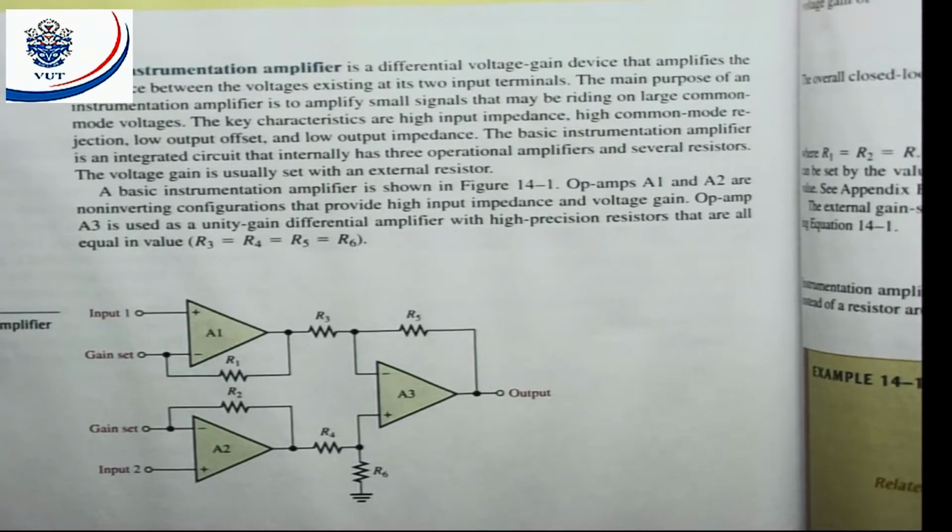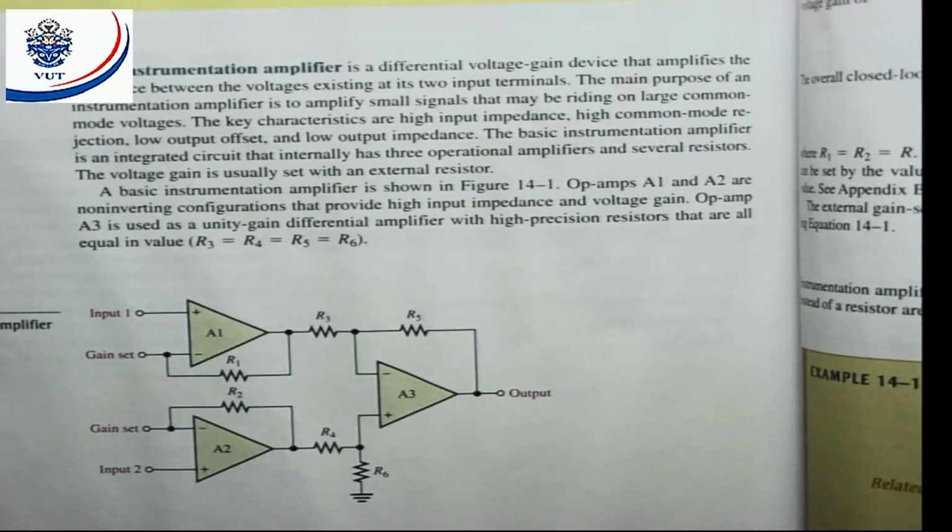And that brings us to the basic instrumentation amplifier. They say an instrumentation amplifier is a differential voltage gain device that amplifies the difference between the voltages existing at its two input terminals.